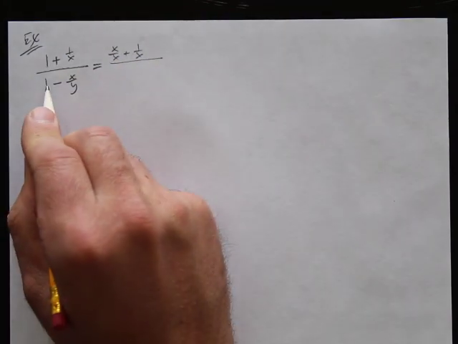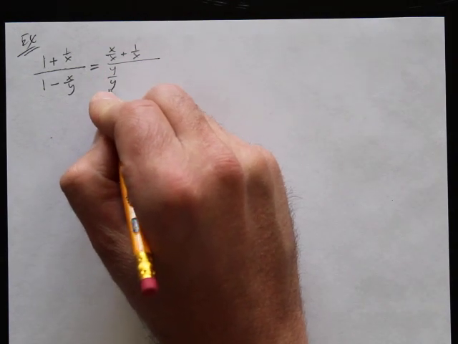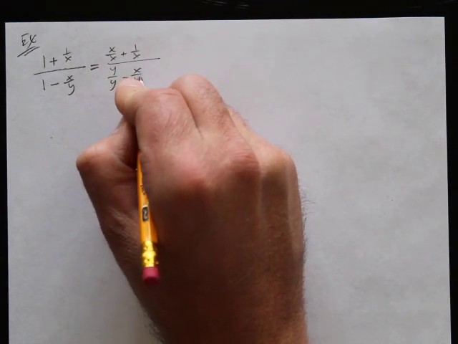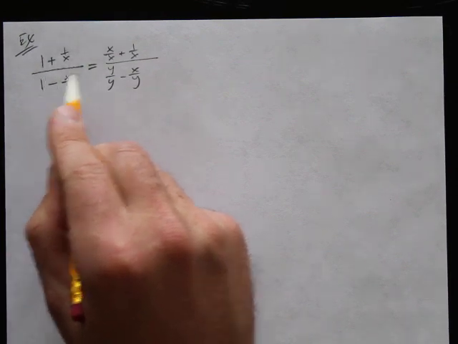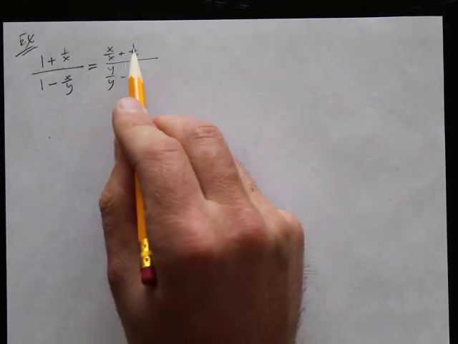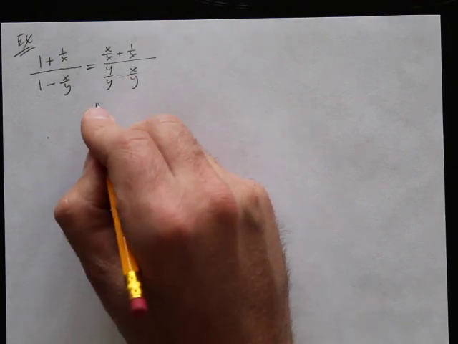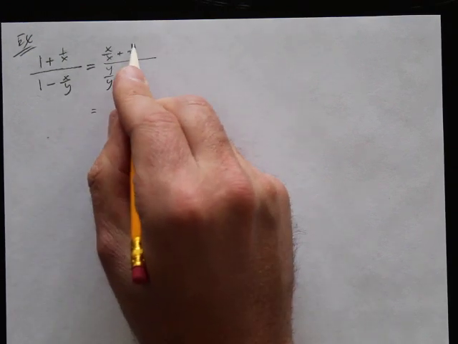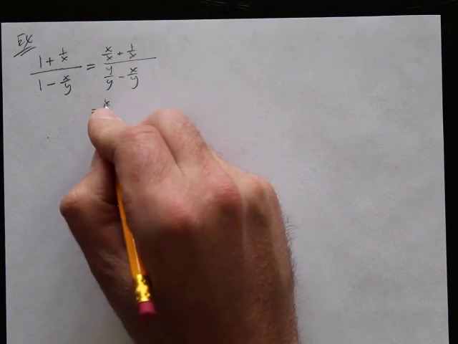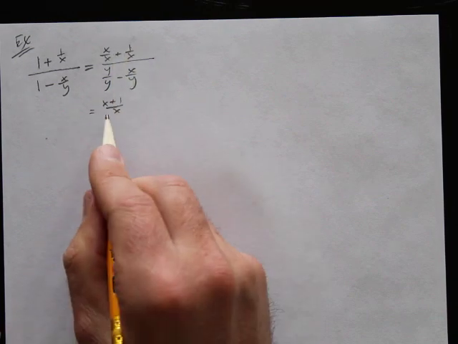Yay! Here, 1 is also y over y. y over y minus x over y. Right? These are equivalent statements here. Okay, now I'm going to simplify the top a little bit, simplify the bottom a little bit, and then I'm going to rewrite this. So I've got x plus 1 over x. So I've got my common denominator for the numerator.